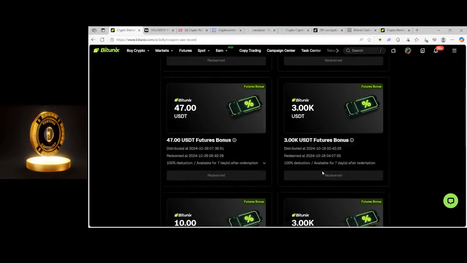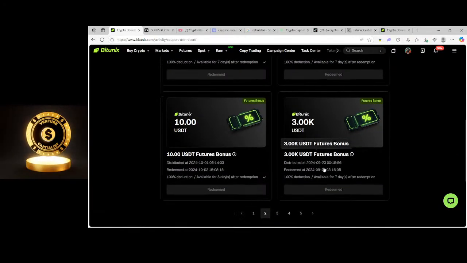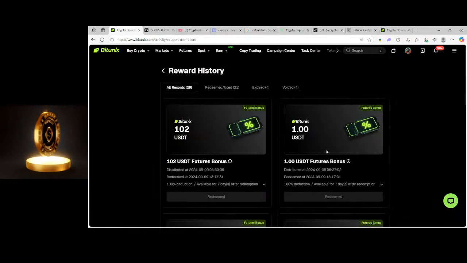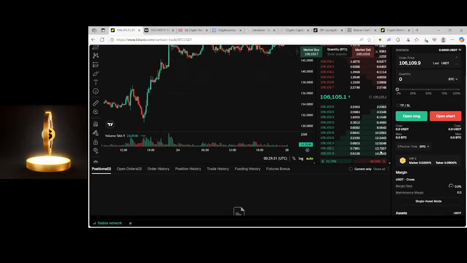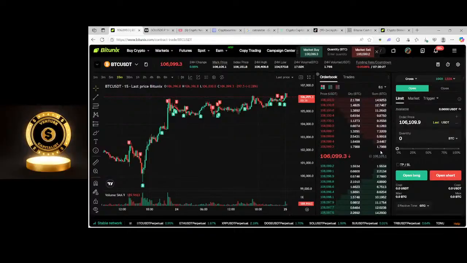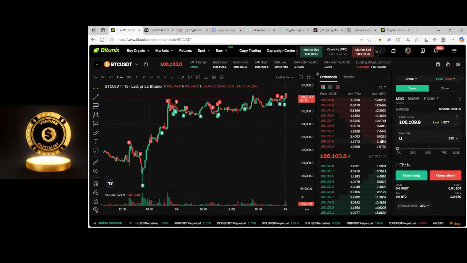Another 3,000, another 3,000. You're not getting these rewards from anywhere else. And it's a futures reward. So you go to futures, and you simply use the reward down here. You cash in your futures bonus, and then you can trade with it. It's pretty crazy.